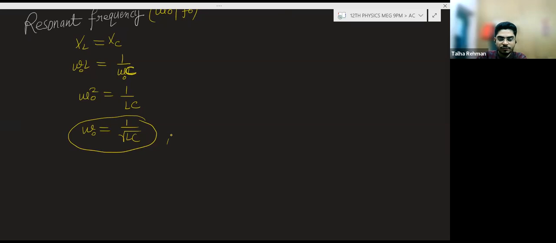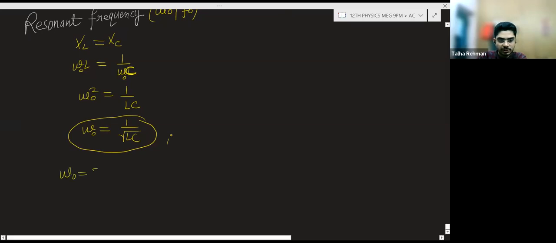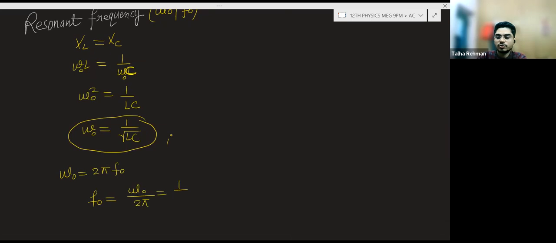Okay, now we know that there is a relation: omega naught is given as 2 pi into f naught. So from here we can calculate the f naught, that is omega naught divided by 2 pi. What is omega naught? 1 upon root LC. So it will become 1 by 2 pi under root of LC.